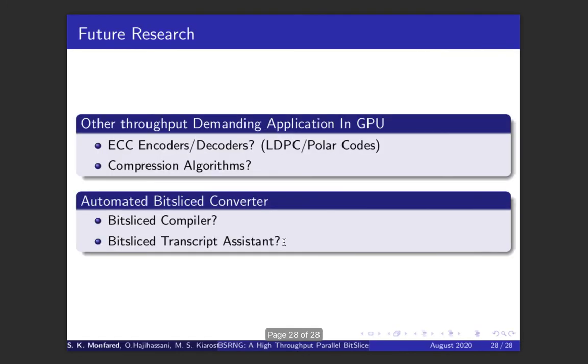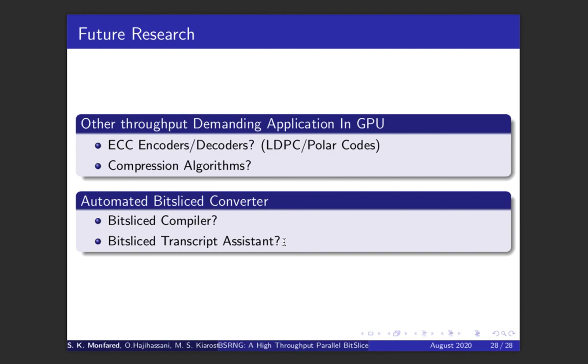All right. So this is a really interesting line of research. As for future research, we are actually working on other applications rather than cryptography. For instance, error correcting codes, when it comes to encoders and decoders in LDPC codes or polar codes, which are in demand of high-throughput performance.